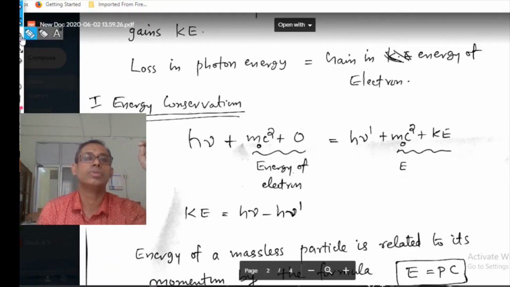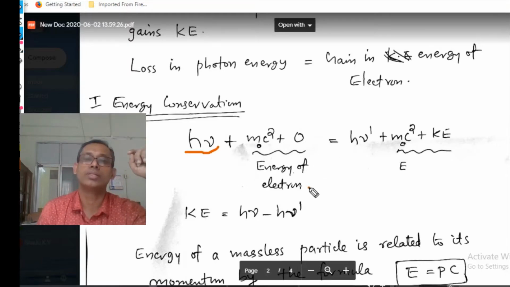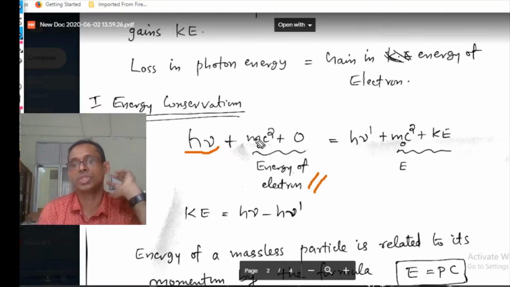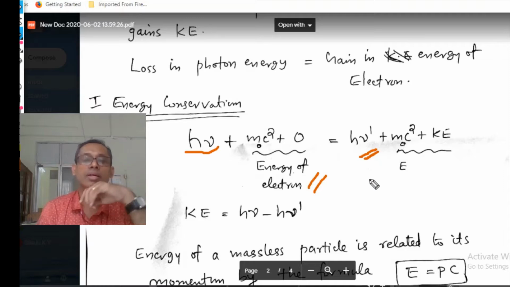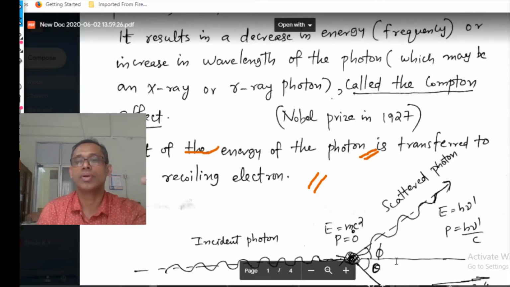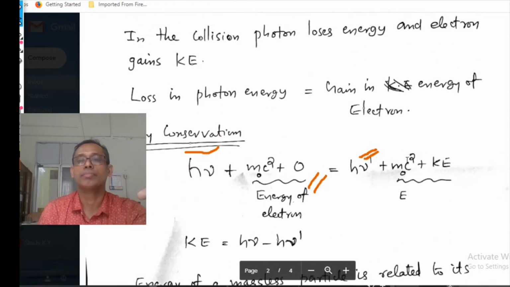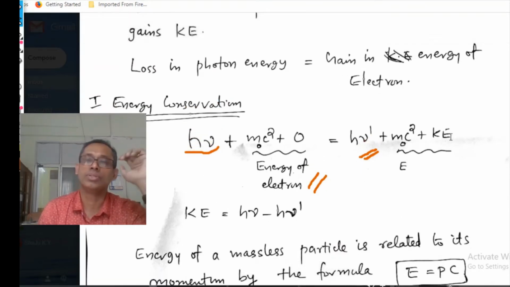Here h nu is the energy of the photon, and m0 c square is the rest mass energy of the electron. It is at rest, its kinetic energy is 0, so this is the total energy of the electron. Here h nu prime is the energy of the scattered photon, and the electron's energy is m0 c square plus kinetic energy.